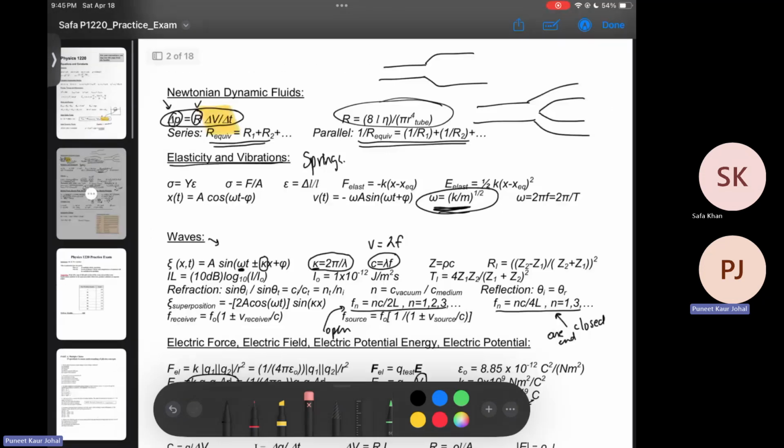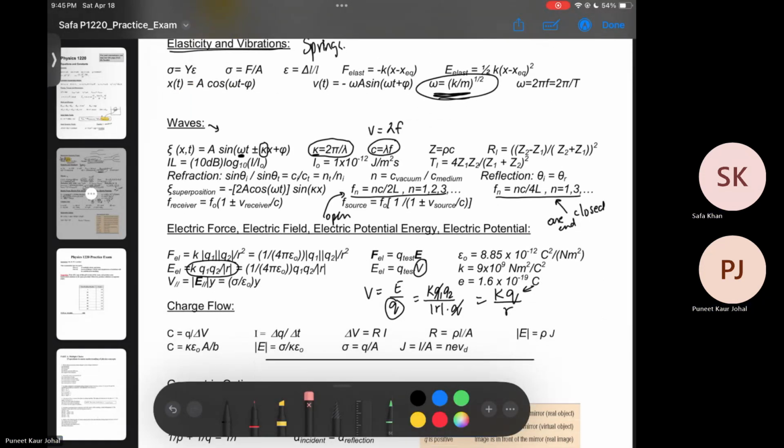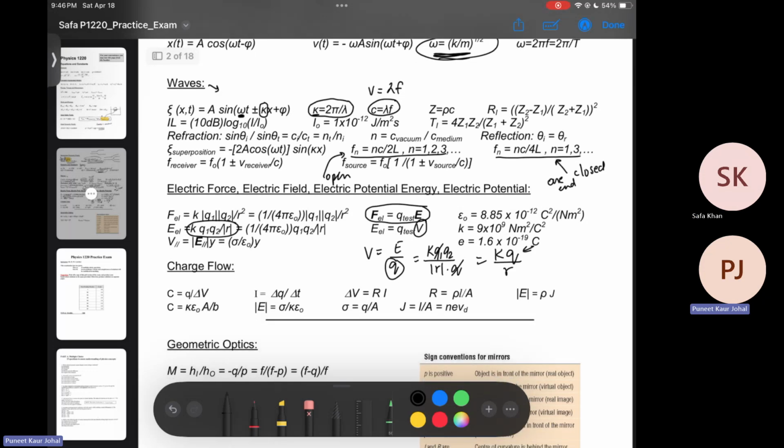Electric field, electric field, electric field. Electric field is force over Q. That's actually this one. This E is the electric field, which is force over Q. So force is K Q1 Q2 over R squared. That's force from here. And I think this is electric potential and this is electric energy, not electric field.